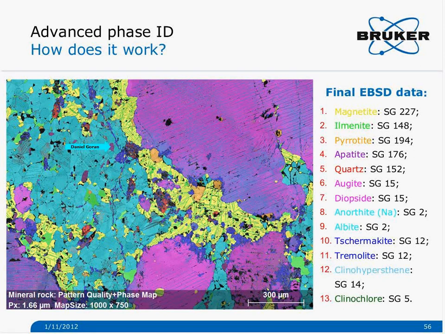If I want to do phase ID, it's not necessary. You can just save the position of the detected bands in the patterns, and it would mean an enormous decrease in file size.